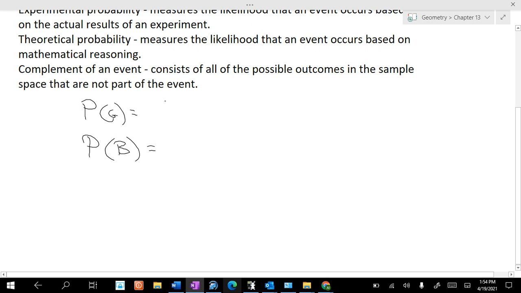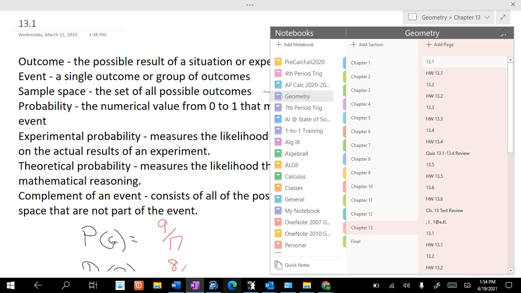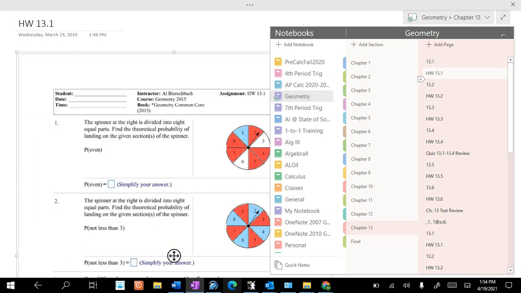So the probability that, let's say, a girl gets her assignment done first would be 9 out of the 17 people in here. The probability of a boy is 8 out of 17. Okay? All right. Let's go and look at the problems.